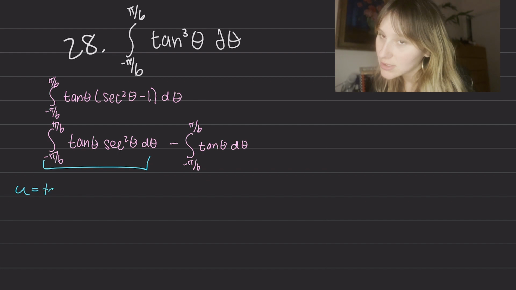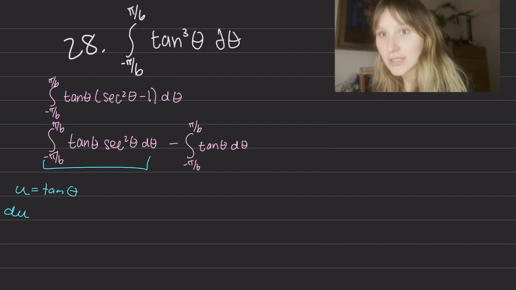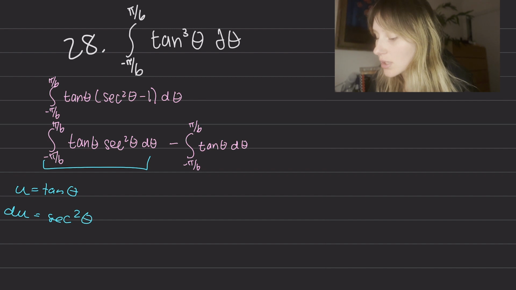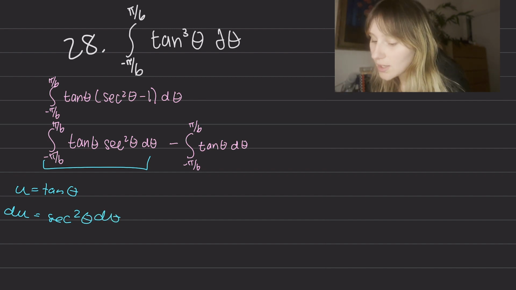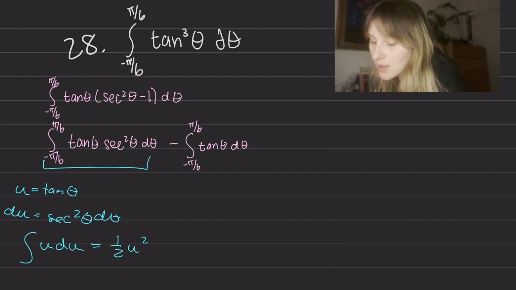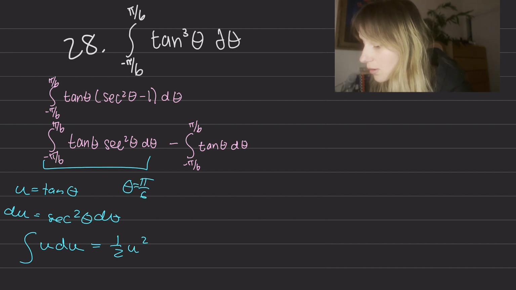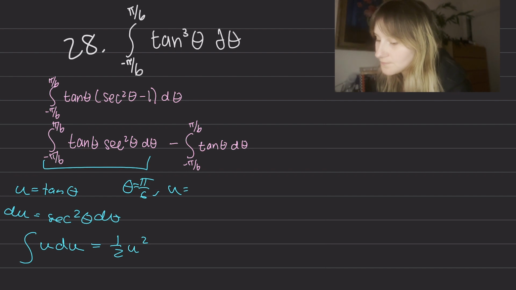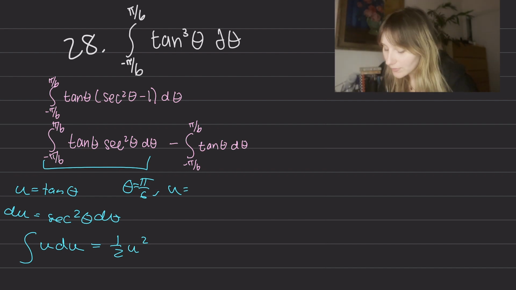u is equal to tangent theta, du is secant squared theta d theta. And directly subbing that u back in, this is horrible, my handwriting, we get 1/2 u squared. Now we have to figure out what the limits are here. If theta is pi over 6, then u is going to be 1 over root 3.